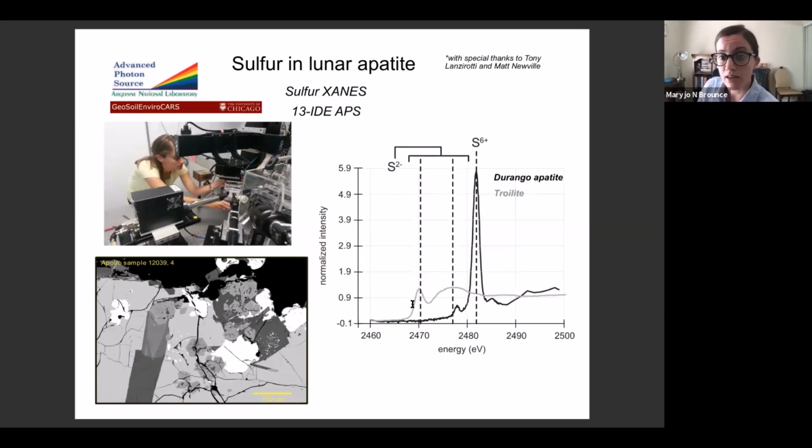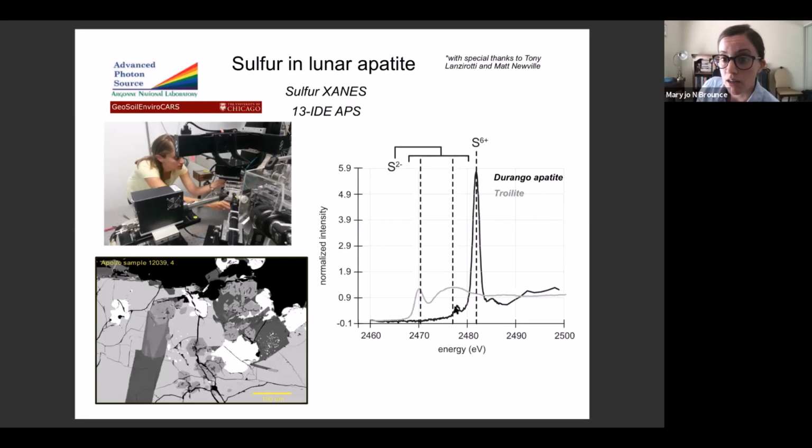And the sulfur 2- peak shapes, which can vary, as I think Matthew pointed out, depending on your associated cation, but troilite seems to do a fine job. So we're looking for peak shapes at these energies for sulfur 2-.